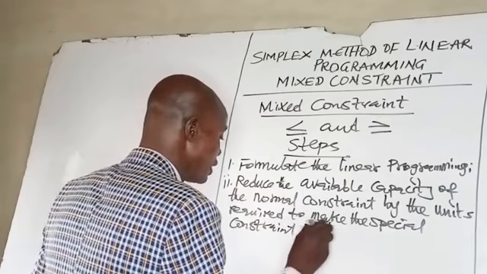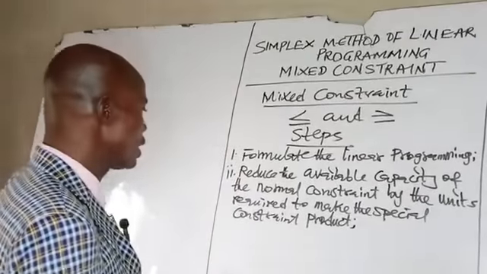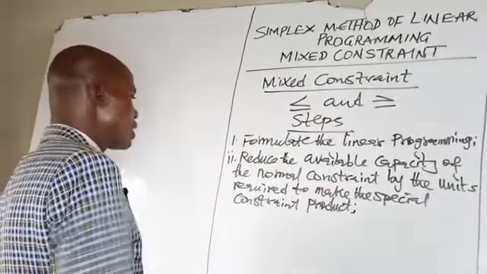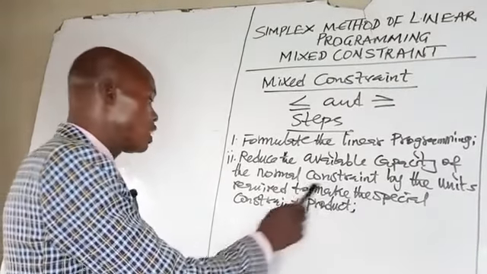By the time we are solving a question as a worked example, you will understand this better. Reduce the available capacity of the normal constraint by the units required to make the special constraint product.